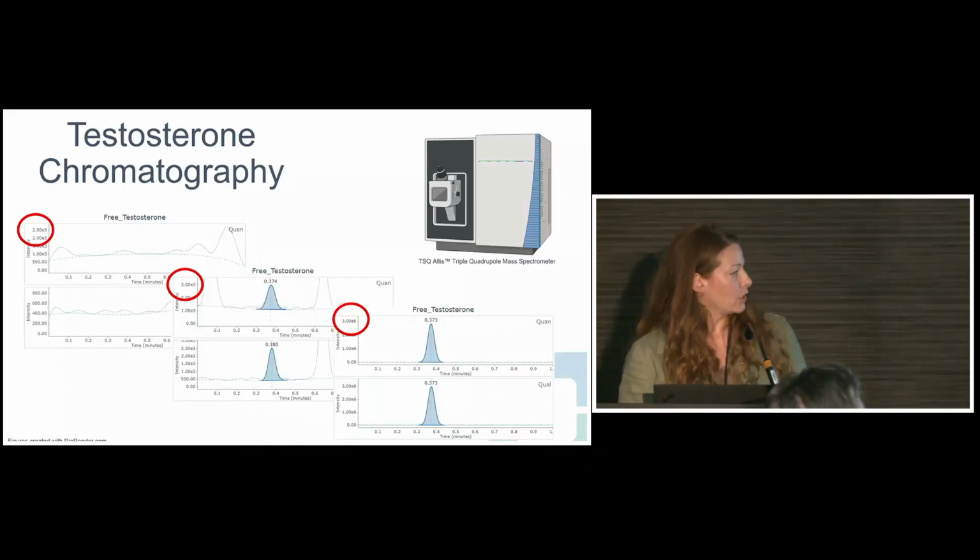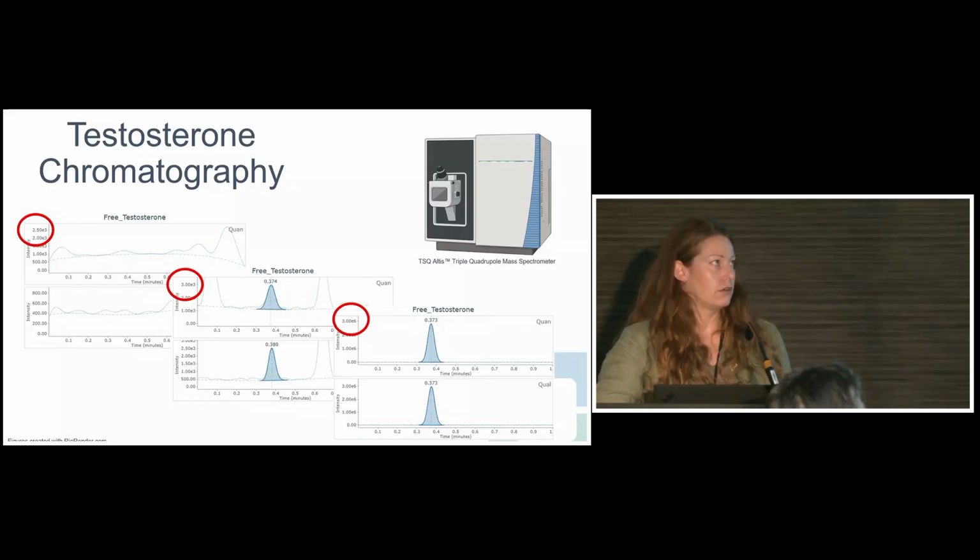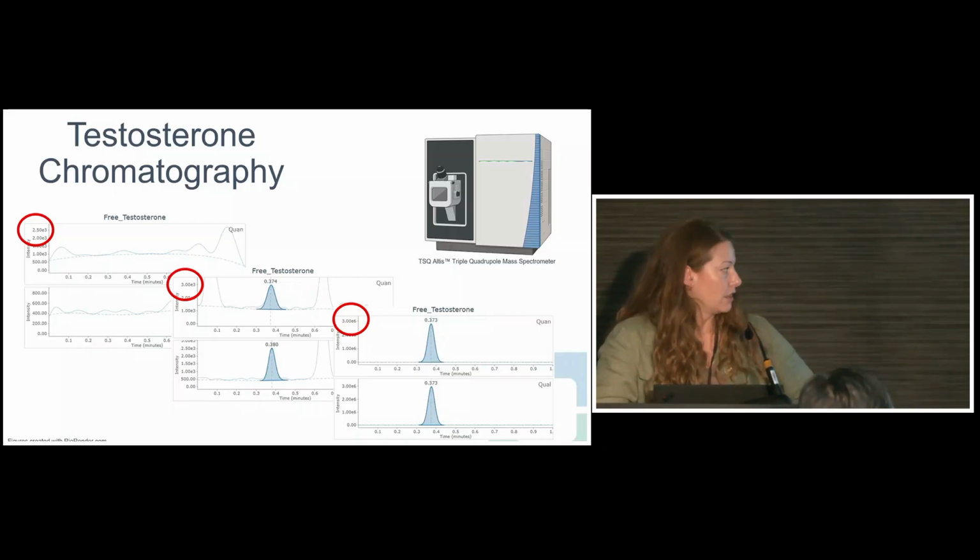And I'll show some chromatography examples. So we are using a sciex for quantitation here. Sequentially, we're looking at a blank sample, our LOQ, and then our high-level calibrator, and I'm just highlighting the difference in the height.